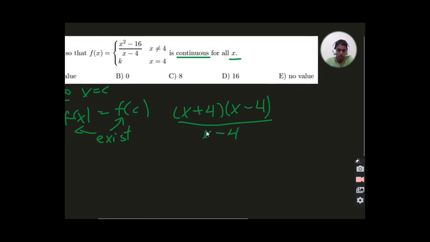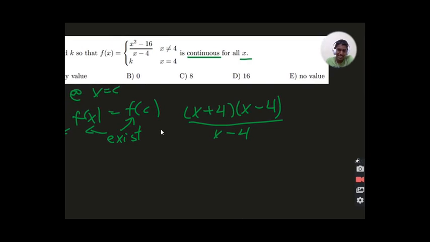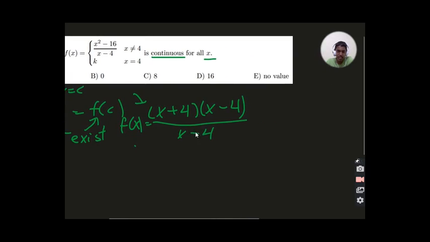One important thing to note is, if this portion was just f of x, then f doesn't exist at x equals 4, because you'll get 4 minus 4 in the denominator, and you'll just go to 0. But there's an x minus 4 in the numerator, so these will cancel out.